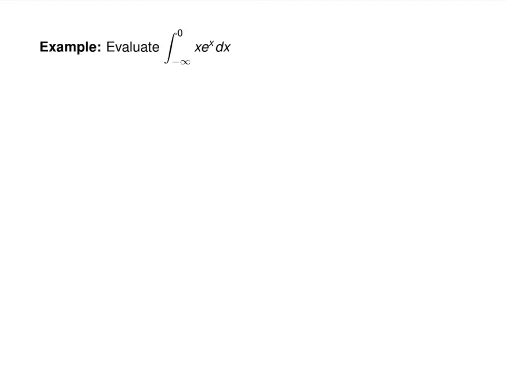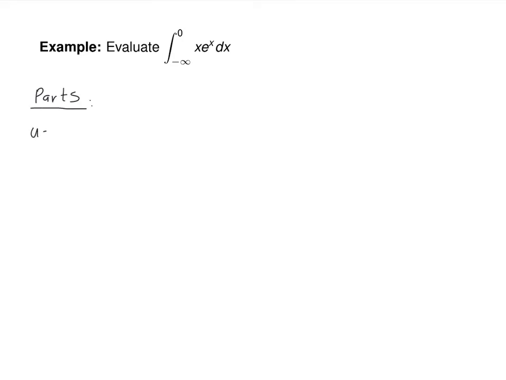Next, let's tackle a problem in which the bound is negative infinity and where you have to use a somewhat more advanced integration technique to find the antiderivative. Given x e to the x, since we have a product, the integration technique you have to apply here is parts. So we're going to integrate by parts. This is the most basic one.